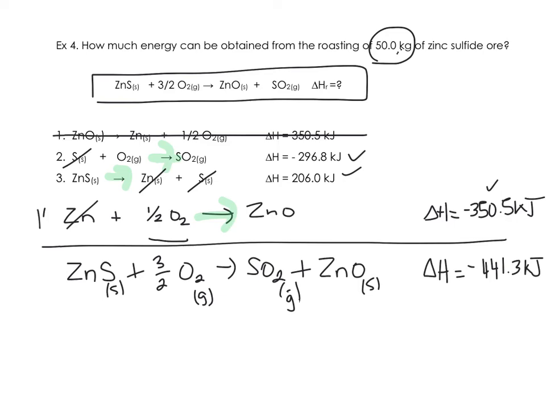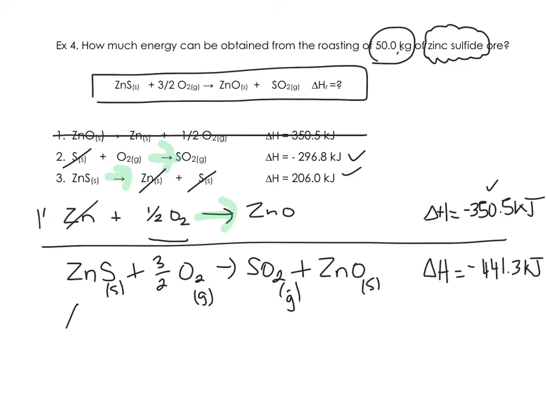You can get the molar enthalpy for this reaction from here, and we want to get it in reference to zinc sulfide, because it wants to know how much energy is released when you roast 50 kilograms of zinc sulfide. So we're interested in zinc sulfide.